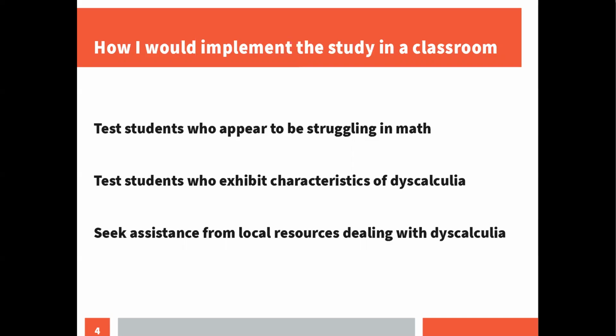That's where it kind of comes up. So I would be testing students who appear to be struggling in math, those who exhibit characteristics of dyscalculia, and also seek assistance from local resources dealing with dyscalculia.